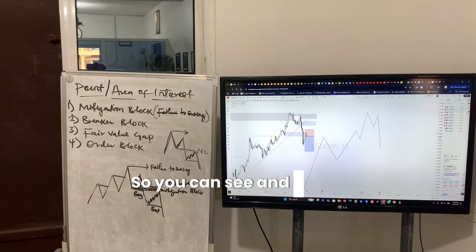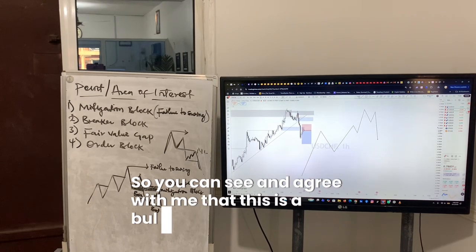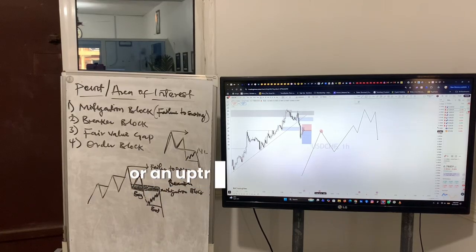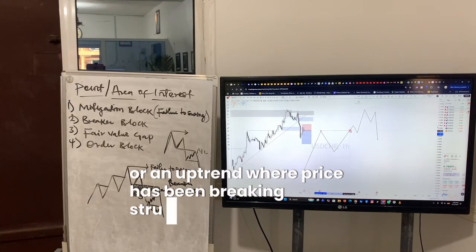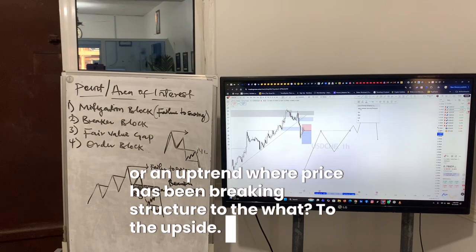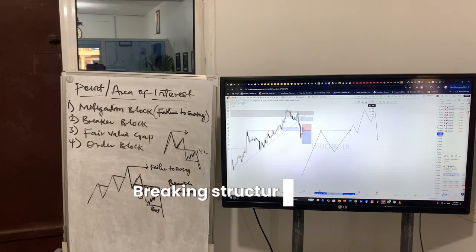So you can see and agree with me that this is a bullish market structure or an uptrend where price has been breaking structure to the what? To the upside. Breaking structure to the upside.